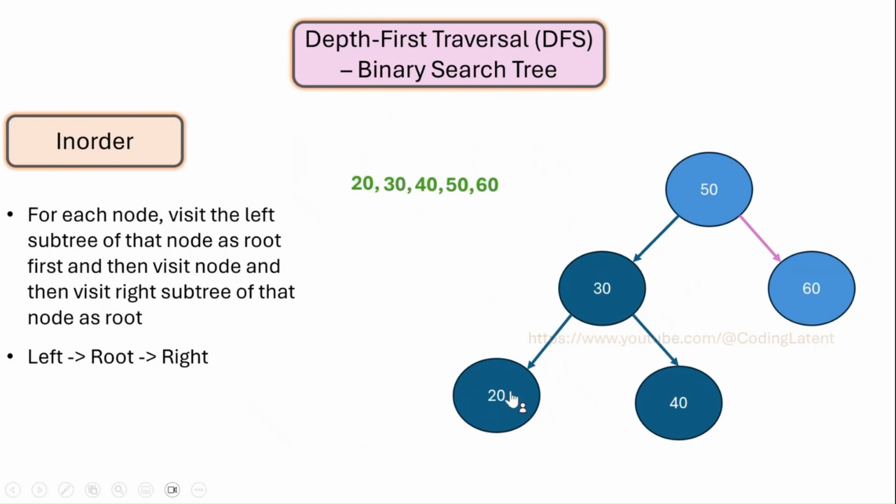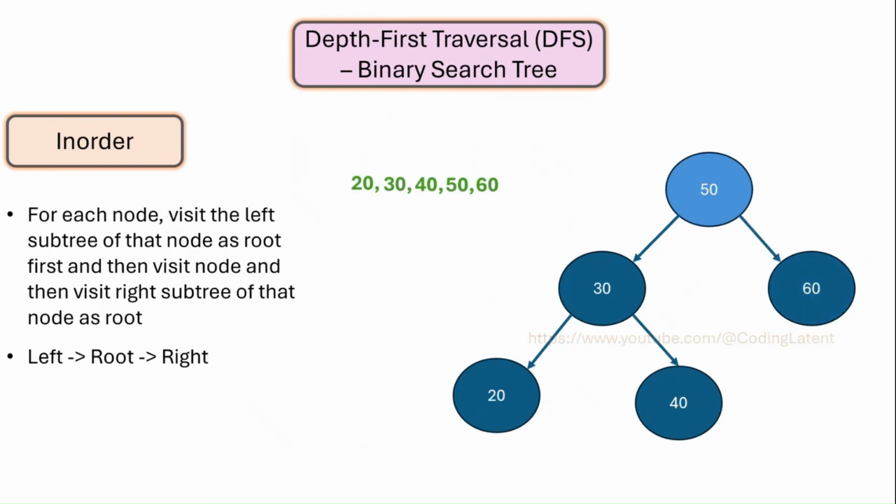So we visit the left, which is the smaller element, and then go for the root, which is bigger than the left side, and then we go for the right, which is the greater element than the root. So basically we are visiting the elements in ascending order. That's why in-order traversal gives us the output in a sorted order for binary search tree.